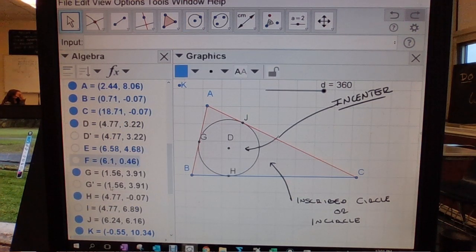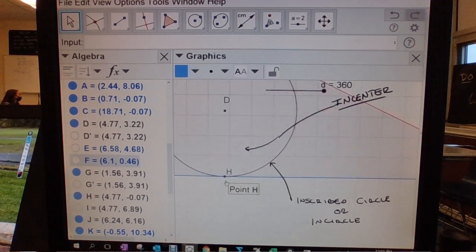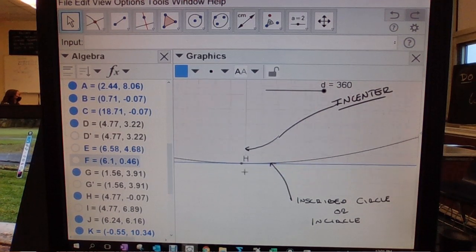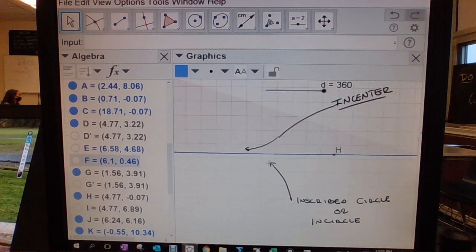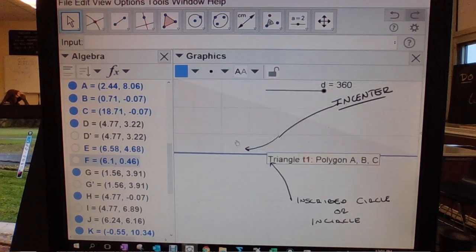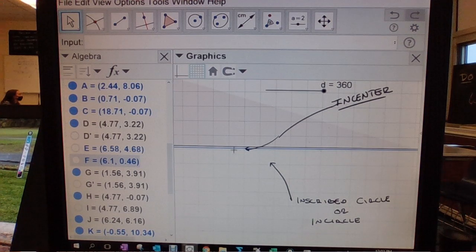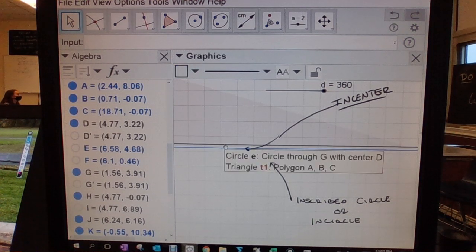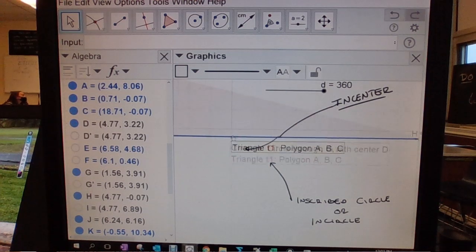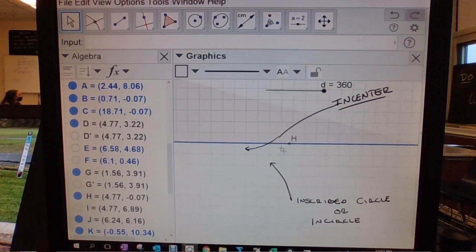Okay. What is happening here is that this circle is only touching this triangle at three spots. If I zoom in here on H, as close to H as possible, if I zoom in far enough, we're going to find out if GeoGebra has the computing power, and it does, that the segment of the triangle and the circle do not touch there, right? Does that make sense? They're separate lines. It is only at H.